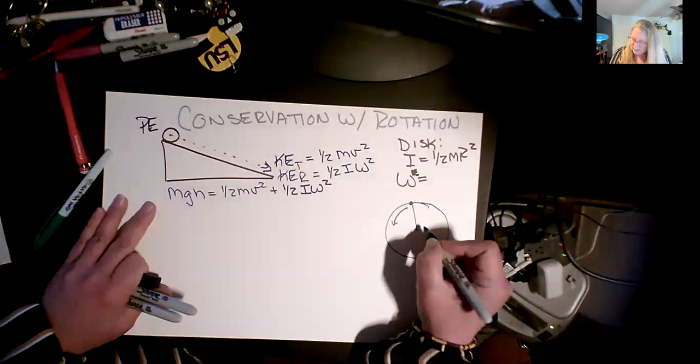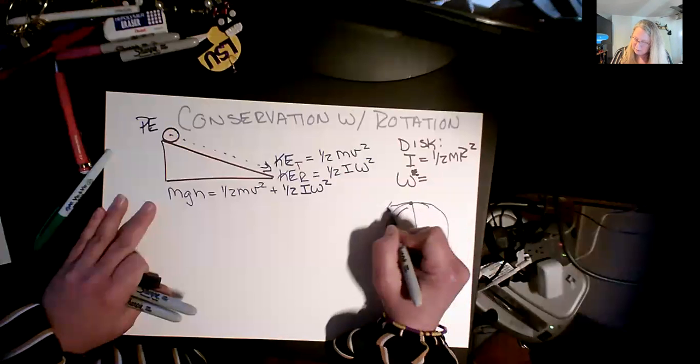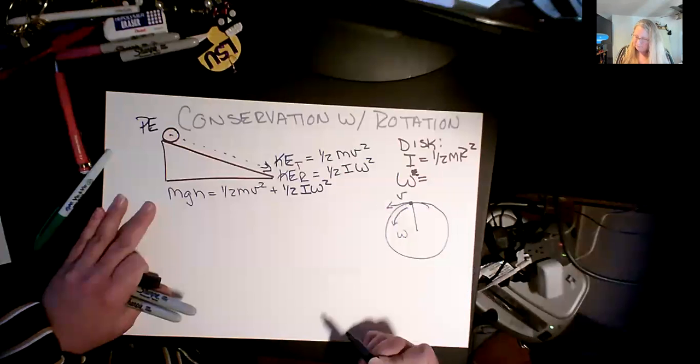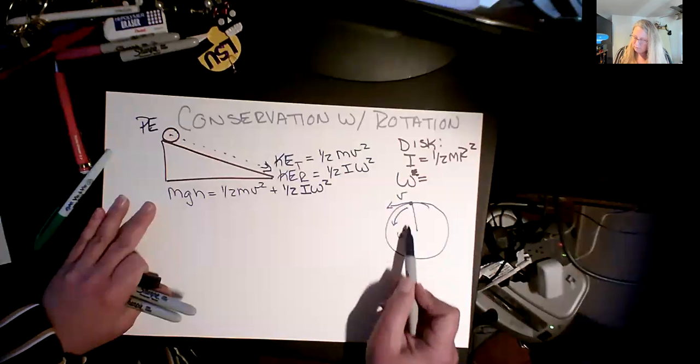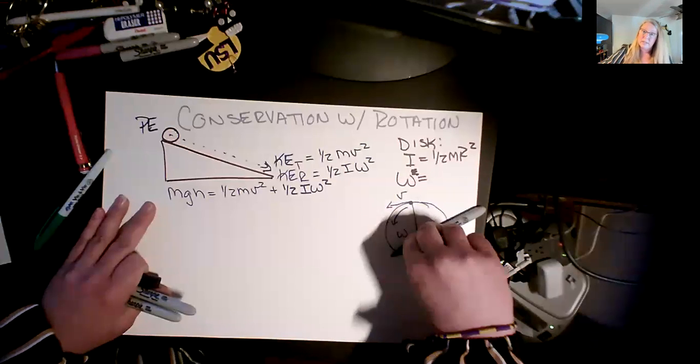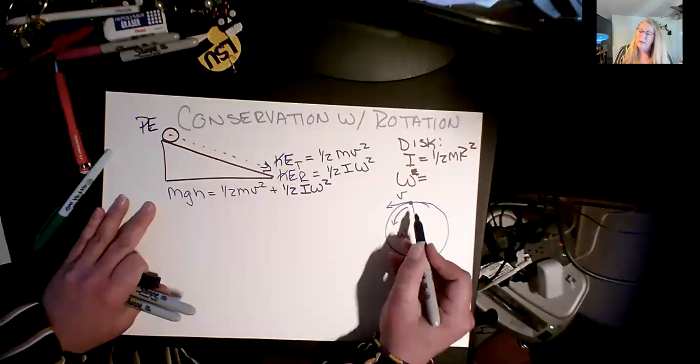Didn't we say that, so here is the rotation and I have some sort of tangential velocity. So this tangential velocity is going to relate to omega, because remember the whole disk rotates at the same rate, with respect to how far away it is from the center.